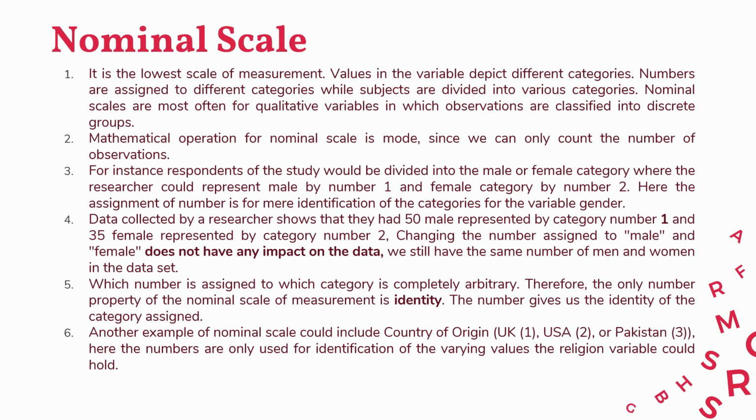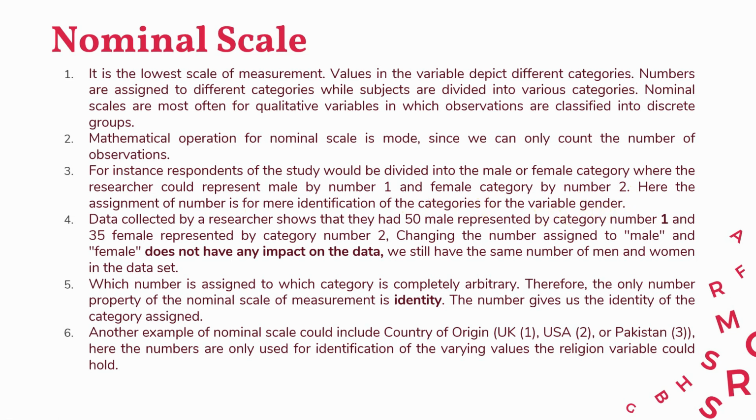For instance, chi-square test. For instance, respondents of this study would be divided into male or female category, where the researcher could represent male by number 1 and female by number 2. Here, the assignment of numbers is mere identification of the categories for a variable gender.